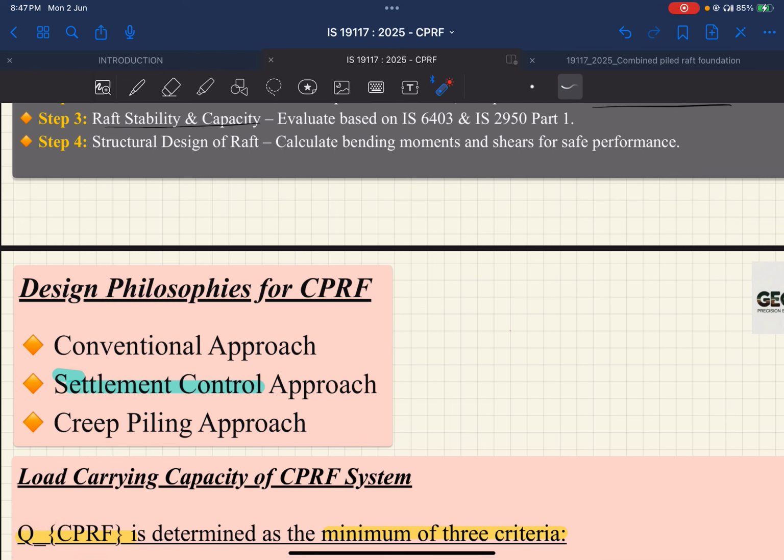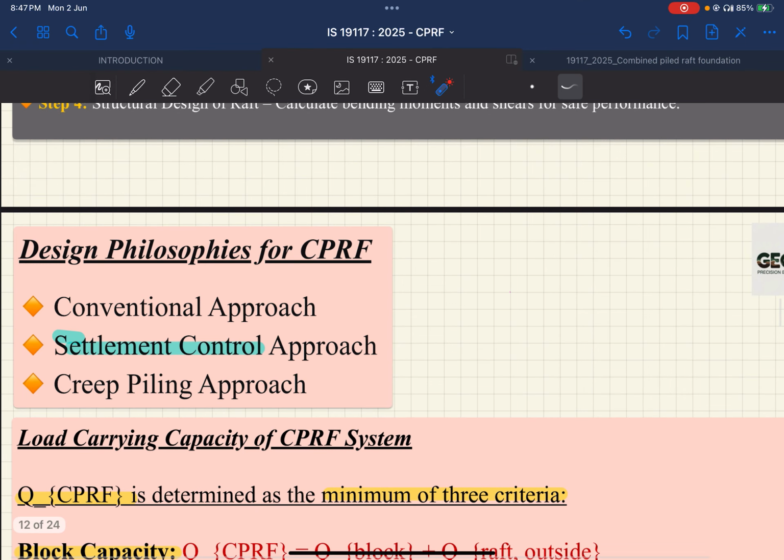Now let's talk about the design philosophies of CPRF as per IS 2911 2025. Here, there are three approaches. One is conventional approach, second is settlement control approach, and third one is creep piling approach.